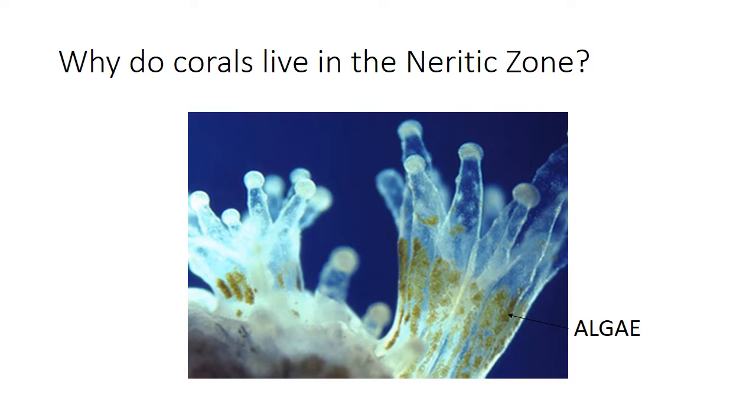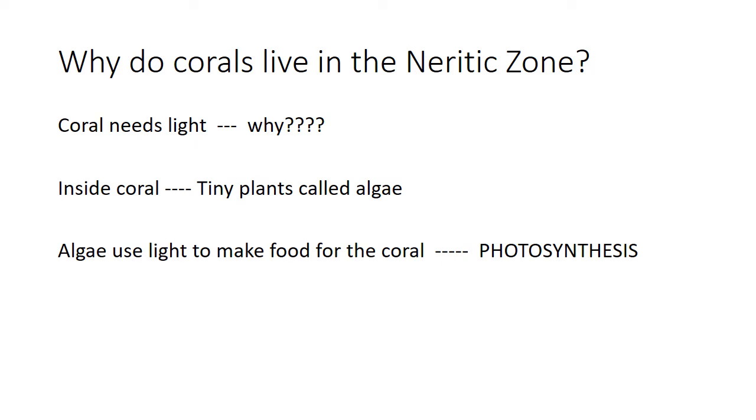Algae are tiny, tiny plants that use sunlight to make food for the coral. You can see the algae as the brown dots in this picture. So inside coral there are tiny plants called algae, and they use light to make food for the coral in photosynthesis, just like plants do on land.